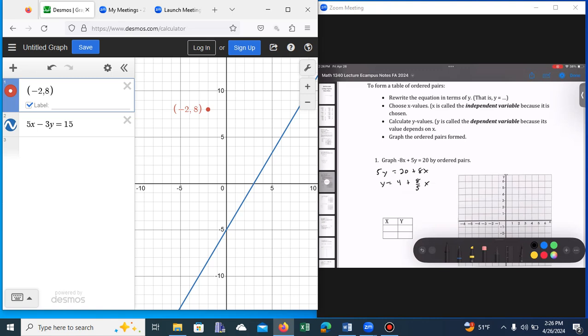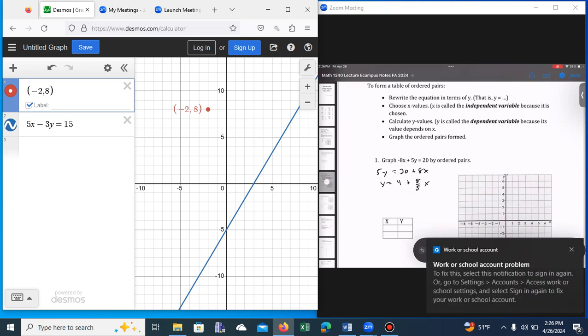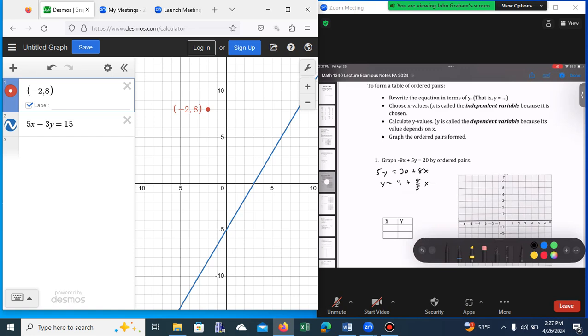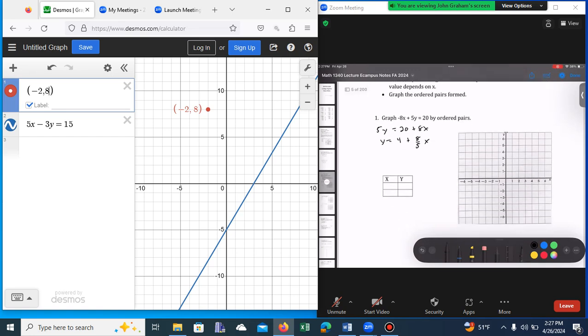Okay, now you can graph by plotting points that are true. So on here, since we are dividing by 5s, it really makes things a lot easier if you pick values that are divisible by 5 for x. So we can pick 0 for x and 0 down here.